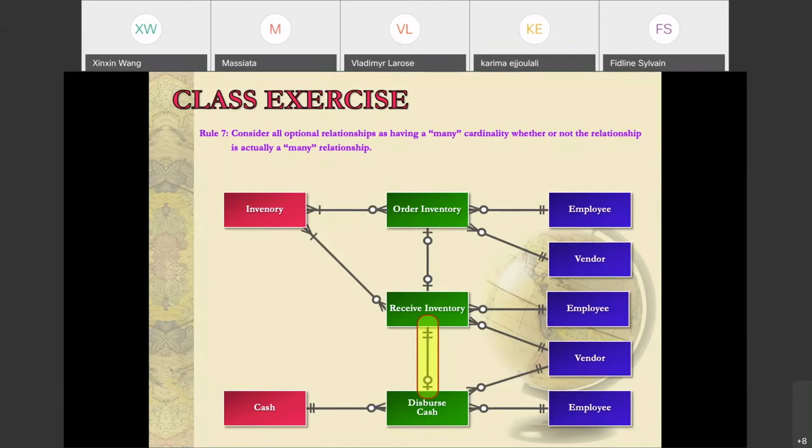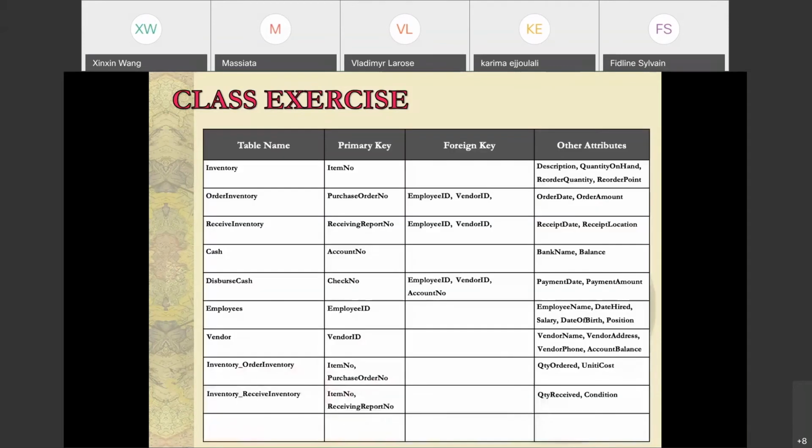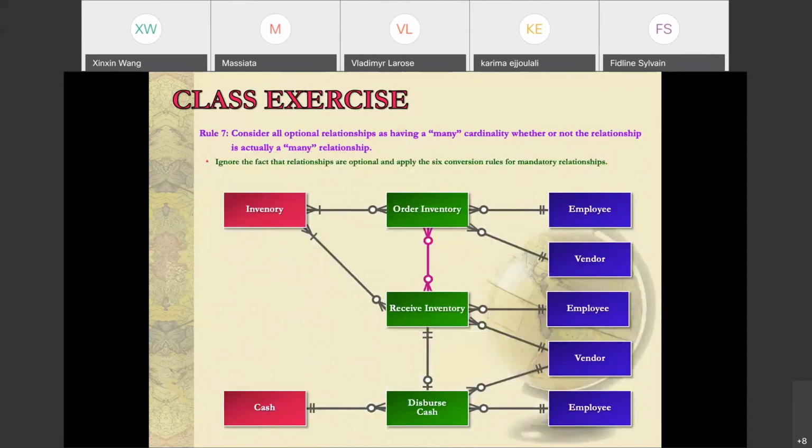So because it's optional, it becomes a one-to-many relationship. So for the one-to-many relationship, we have the rule number 6. Oh, okay. So if it's one-to-one optional, then we read it as one-to-many optional.